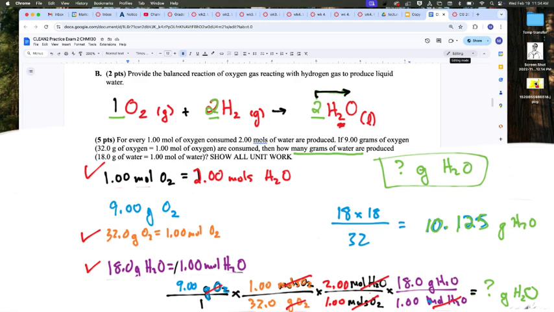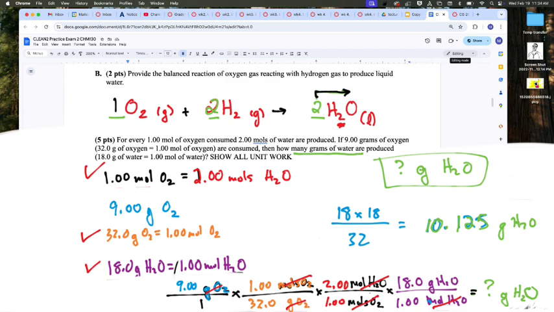Okay. Is this the correct answer? Of course, no, it's not the correct answer because we've run a calculation, and when we run calculations, what do we also have to trigger and follow those with? Significant figures. Okay?